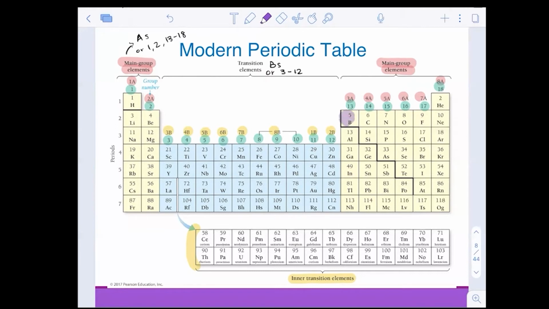So I'm just going to highlight them as purple. We have boron, silicon, germanium, arsenic, antimony, tellurium, astatine. That guy, the new one, 117, brand new. I don't really know what his name is yet.